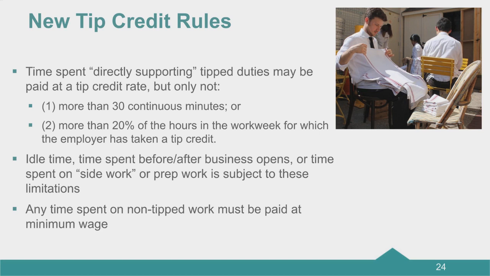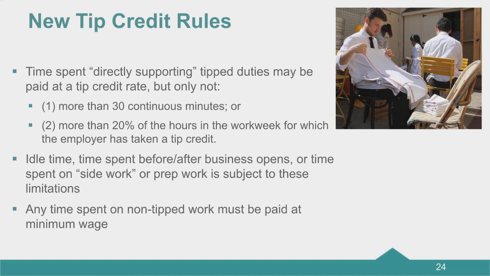And then, of course, as we've talked about, the side work and the prep work are all subject to those limitations. So it's all considered to be in that second category, which would be directly supporting those tipped duties.